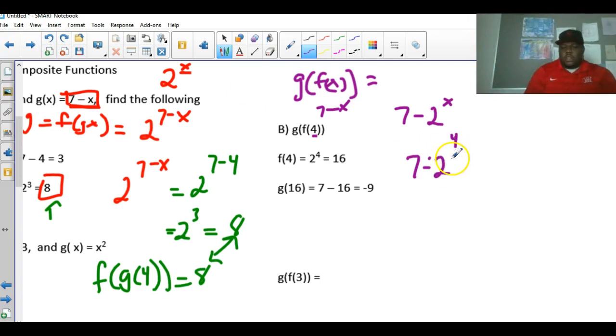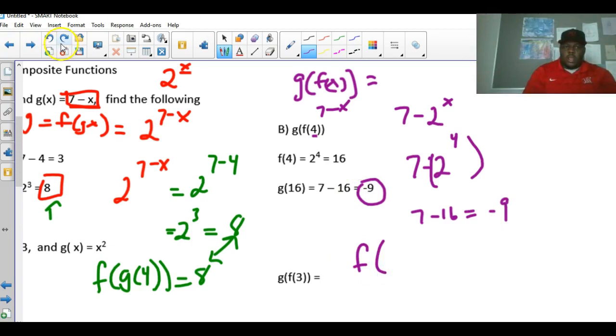Even still, let me do that so you guys know. 2 to the 4th is 16, so I have 7 minus 16, which is negative 9, which is our answer. So g of f of 4 equals negative 9.